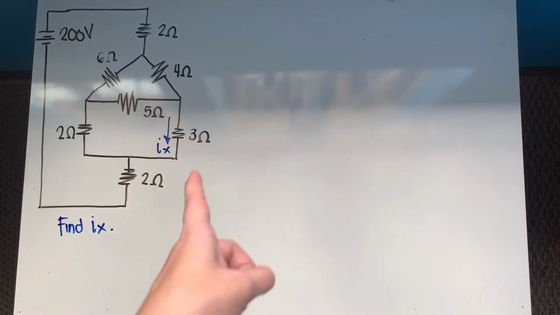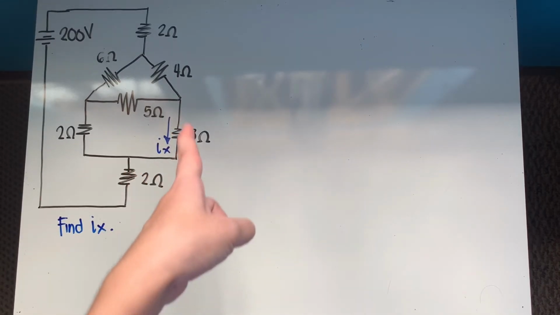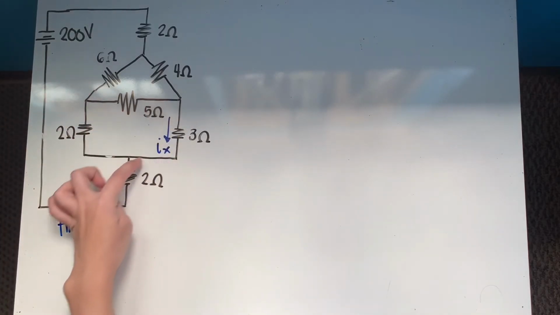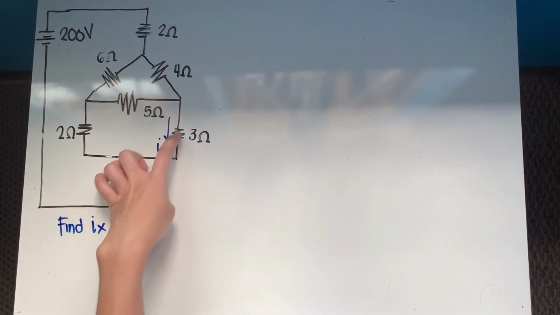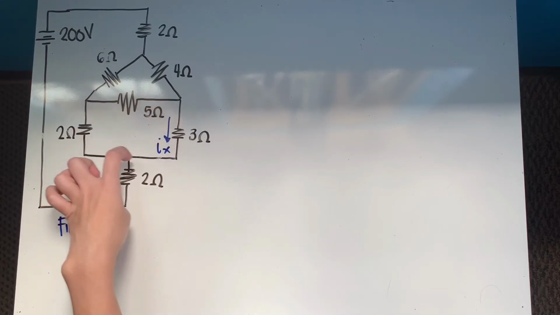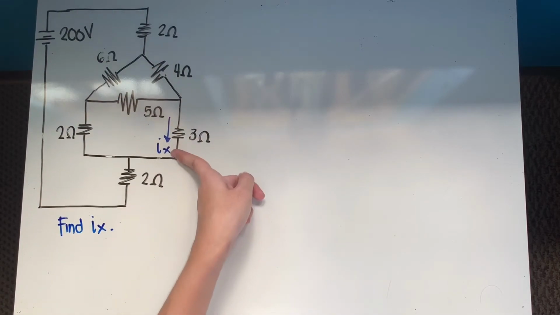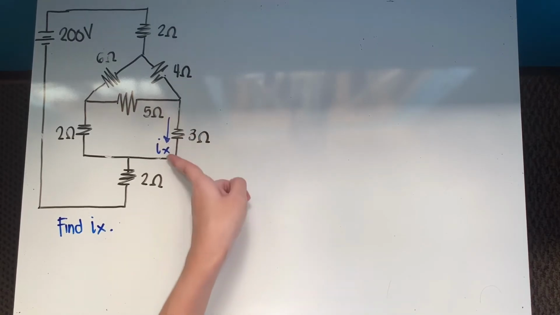So in this case, hindi mo pwedeng ibuin yung 3 ohms, which means hindi mo pwedeng gamitin itong Y na to. Hindi mo pwedeng gamitin itong delta na ito kasi kasama sa kanya si 3 ohms. Hindi mo rin pwedeng gamitin itong Y connection na to, kasi andun si 3 ohms.